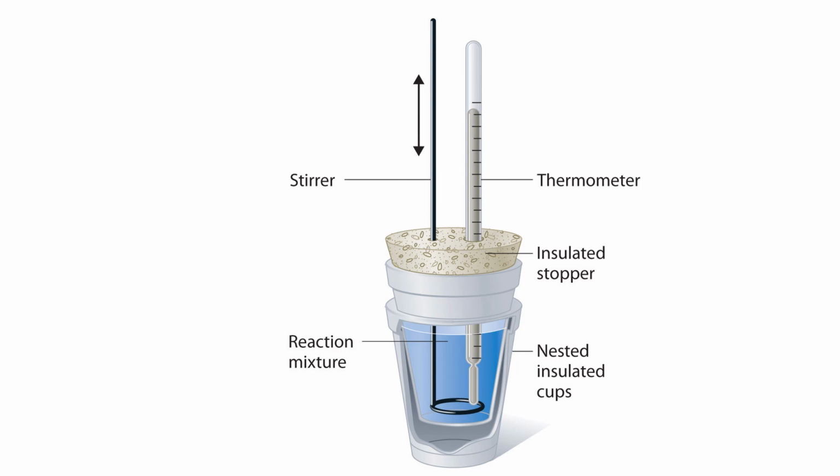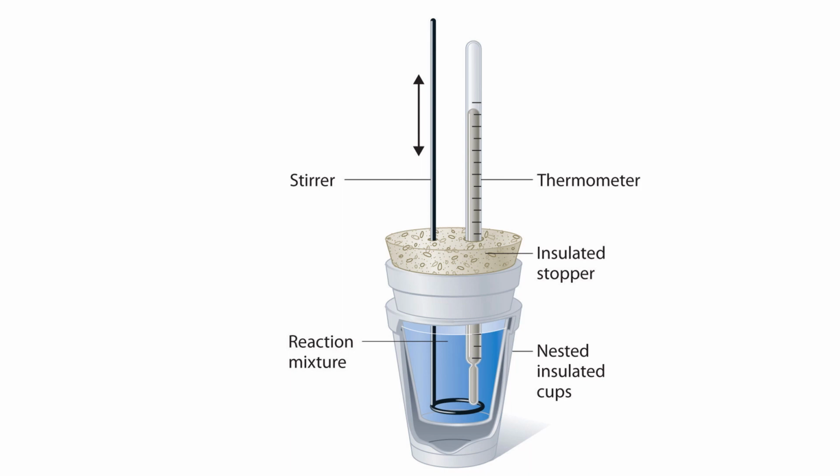So I want to start by explaining what a calorimeter is, and I've just included a diagram on the screen of a really basic calorimeter. It's basically a plastic or a polystyrene cup inside an insulated container, ideally with a lid on the top, and then you have a thermometer going into the reaction vessel, and you have a stirrer so that you can stir the reaction.